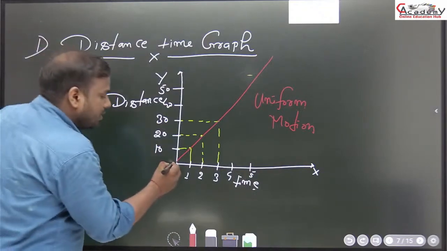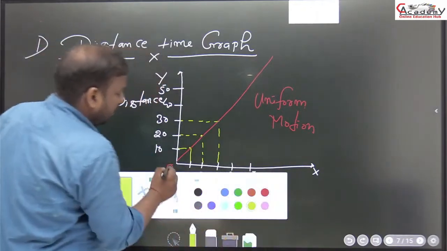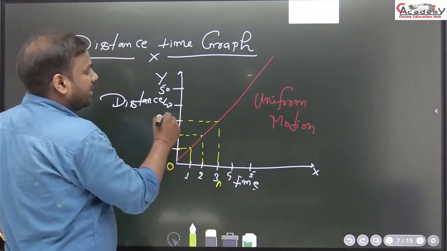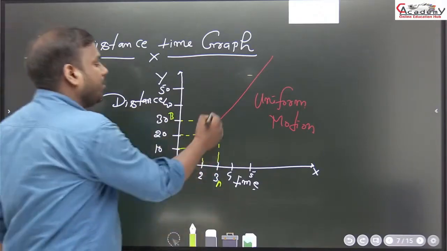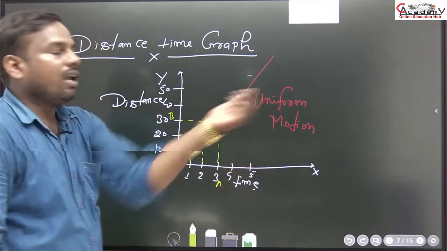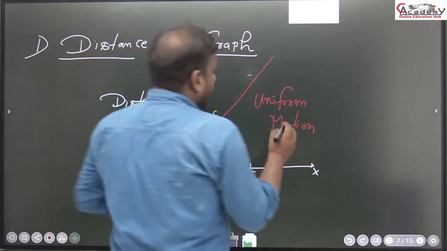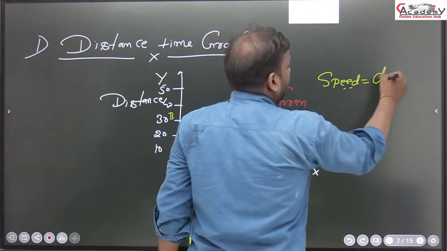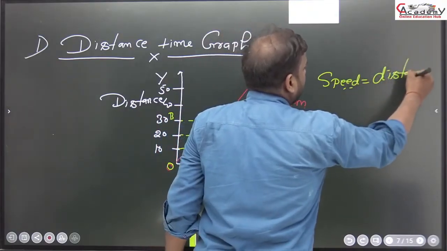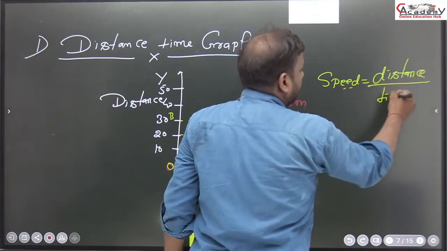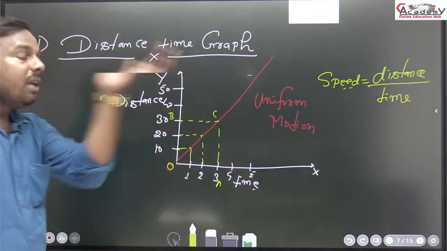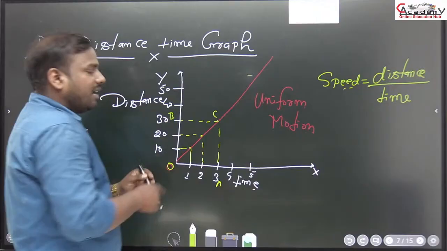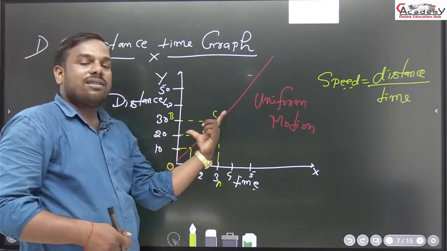That is the point O, that is the point A, that is the point B, and here point C. How we find the speed? We know the formula: speed is equal to distance upon time. If an object moves with uniform motion, equal distance in equal time interval, then we get a straight line.